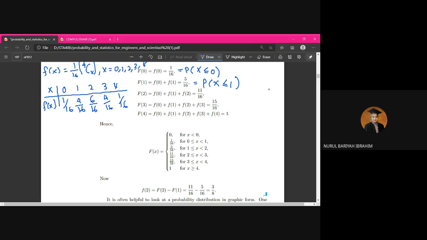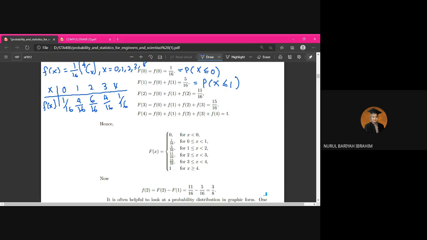So kalau lebih daripada 4 pun dia punya probability still 1, sebab kita punya range sehingga 4 sahaja. So, this is the cumulative distribution function for discrete random variables.